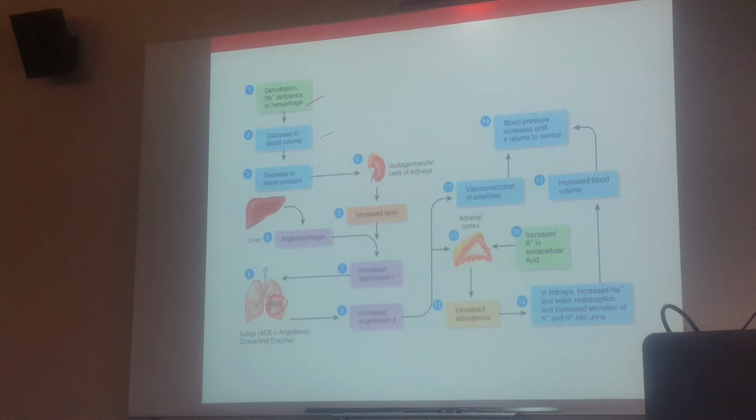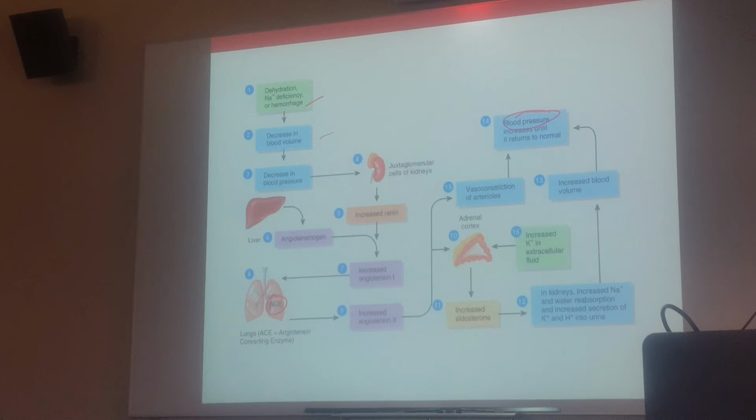Angiotensin 2 has two effects. The first one will go to the adrenal cortex and stimulate the release of aldosterone, okay? And the second one has a direct effect on arterioles and causes vasoconstriction of the arterioles. The vasoconstriction leads to an increase in blood pressure.